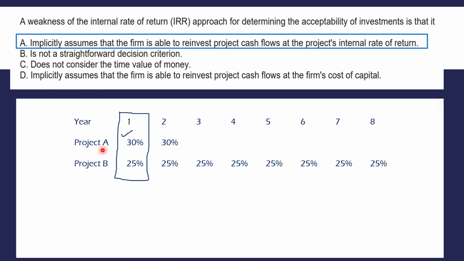While project A will earn 30%, it's operational only for 2 years. Si Project B, 25%, mas maliit, pero operational for 8 years. When you compare on the basis of IRR, it's unfair for boy. While boy has a lower IRR, it can actually operate for a significantly longer period of time.